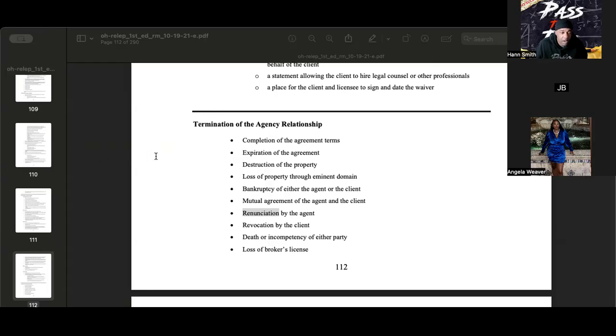Right here, it says does not want to inherit or they don't want to represent anymore. All right. So let me go to my screen here.